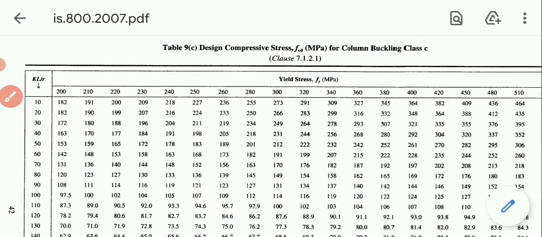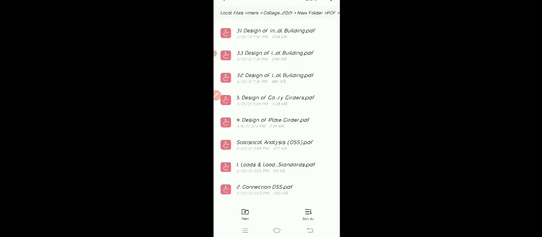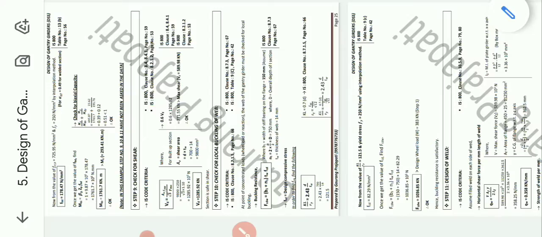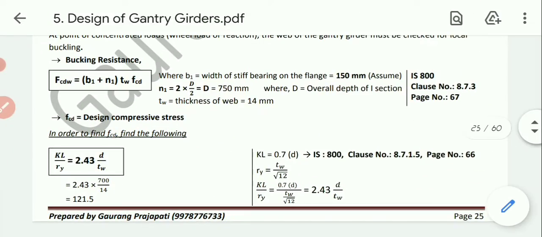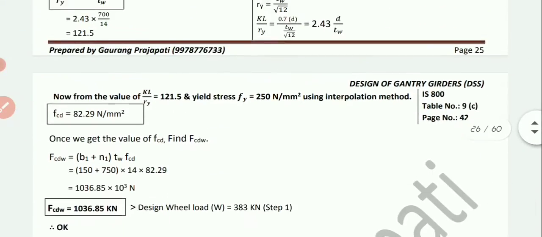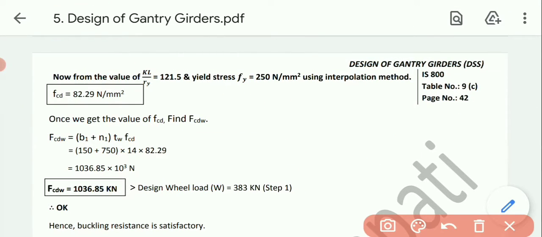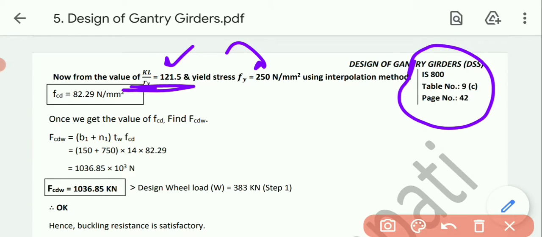Okay, this is the normal interpolation method. So KL by RY ratio 121.5 and Fy 250, using the interpolation table 9c, page 42, I will get the answer 82.29.